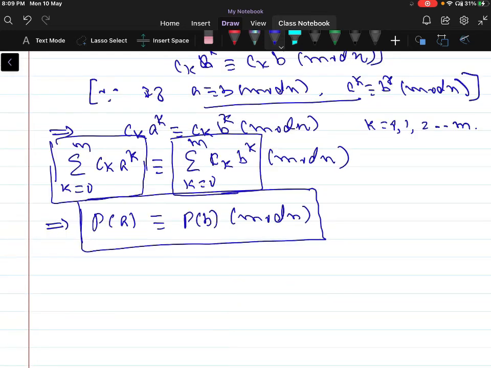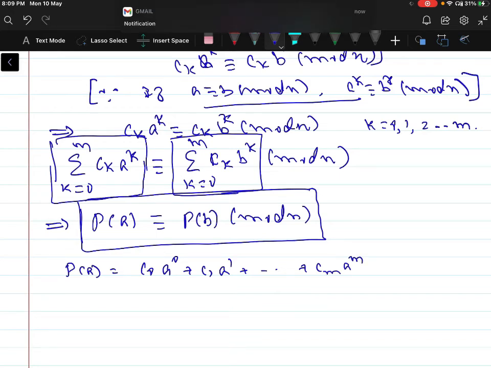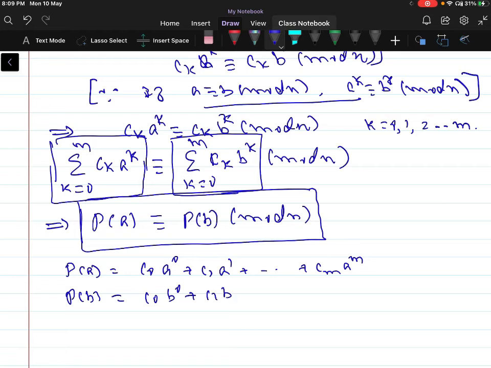Here p of a is equal to c_0 into a power 0 plus c_1 into a power 1 and so on plus c_m into a power m. Similarly, p of b is equal to c_0 into b power 0 plus c_1 into b power 1 and so on plus c_m into b power m.